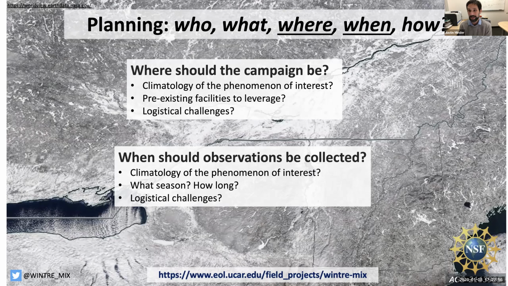If you can equally address the research questions in those two places, you might want to favor the place that is easier to get to and has better infrastructure to get around and to site your instruments, rather than making it harder and more expensive than it has to be. Of course, there's other situations where maybe you need to go to the remote place that's hard and challenging to work in, because that's where you need to go to see what you want to see. But that's something to at least consider.